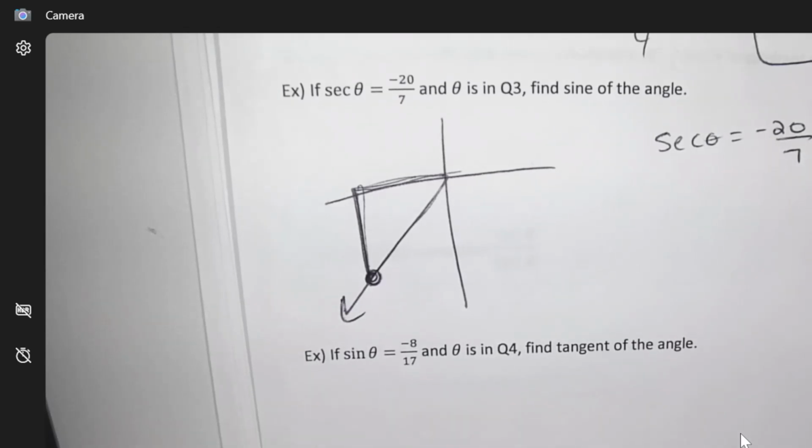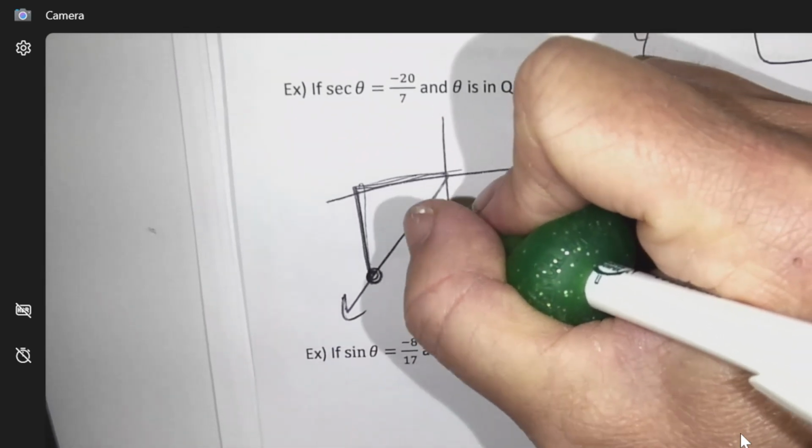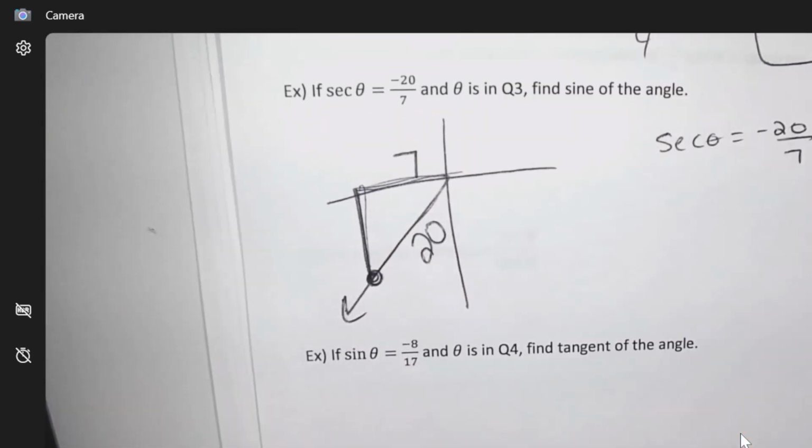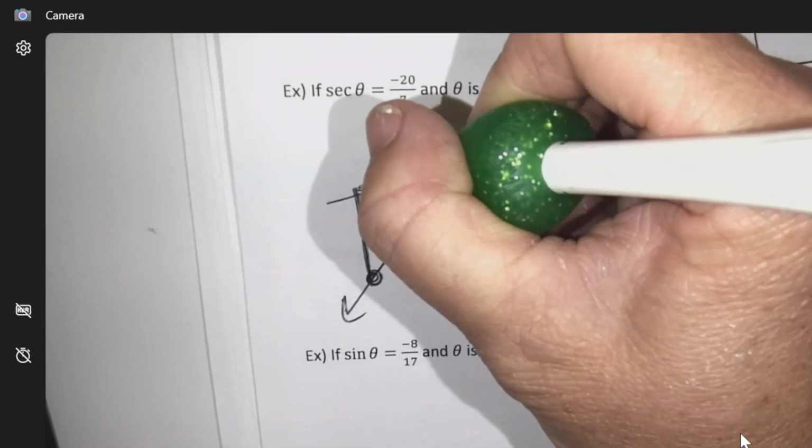Okay, oh, R value negative, that doesn't even make sense. It's 20. You can't have -20 on the R value. 7 is the X value, but that doesn't make sense of where it is. So what should that be?